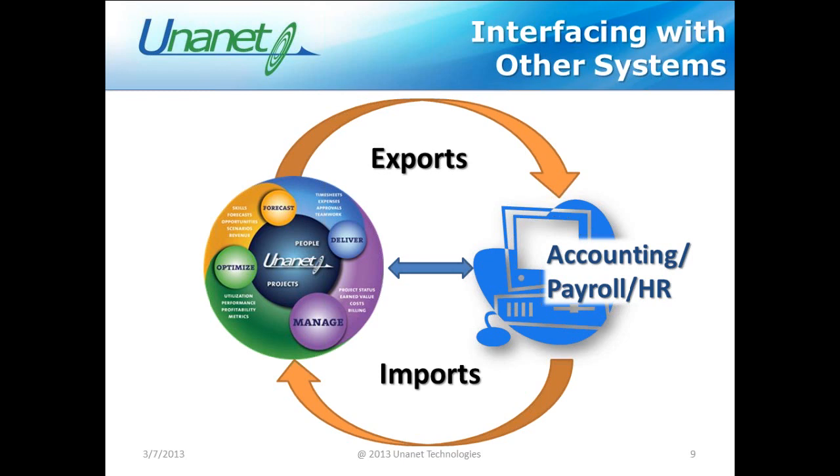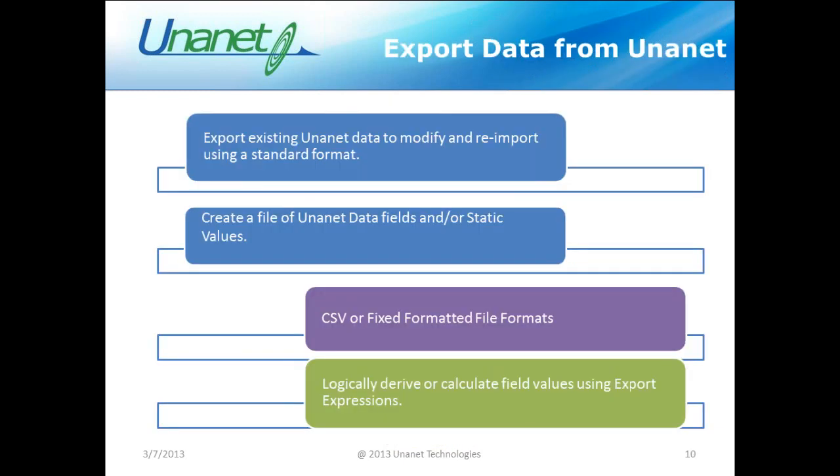I'm going to start off the conversation by focusing on the export side. So when you want to take data that is in Unanet and send it out somewhere else, you'll need to have within your Unanet system an export defined. The export function allows you to really do two things.